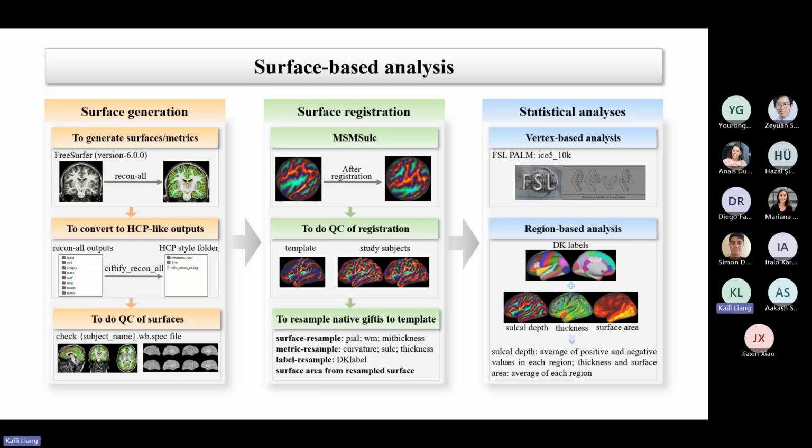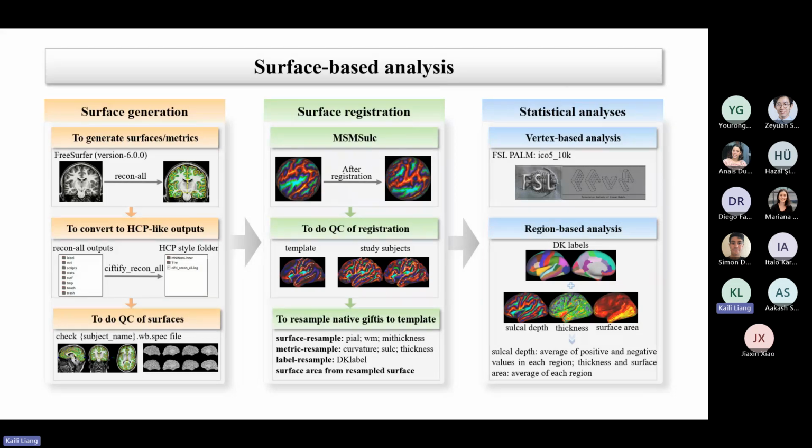As for surface registration, the first step is MSM-Sulc registration, and then QC registration. The registration is very important because if we want to compare at each vertex, we need to make sure for each participant the same vertex corresponds to the same anatomical structure.